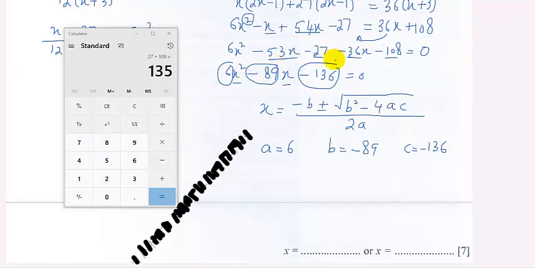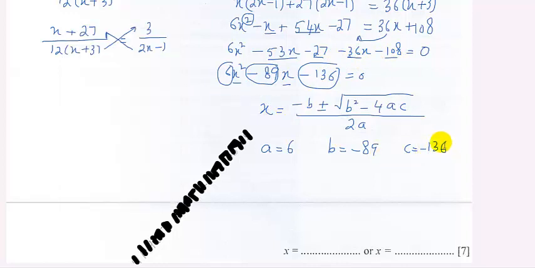Minus 27 and minus 108 is 135. So this is 135. Now I will plug these values into this formula.